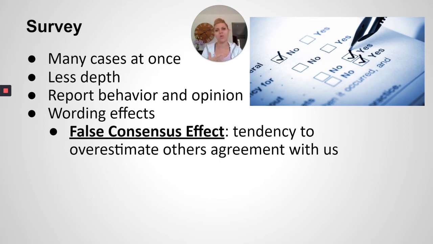And when we encounter other people who don't think the way that I do, we think, huh, that's so strange. That is another problem that can happen with surveys. So the good news about surveys is that they're cheap and easy to do. I can get lots of data in a short period of time, but there's a whole lot of bias that can happen in my surveys. Even the way in which I conduct my survey is going to be really problematic, and we'll talk a bit more about that later.